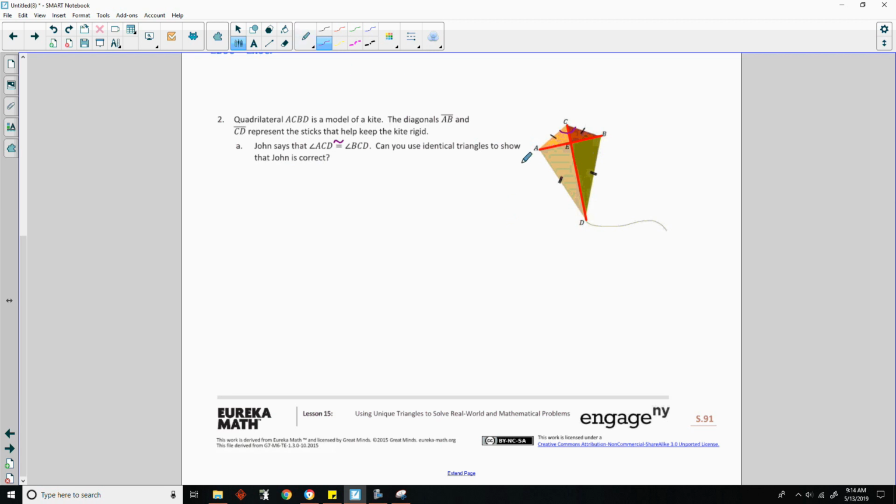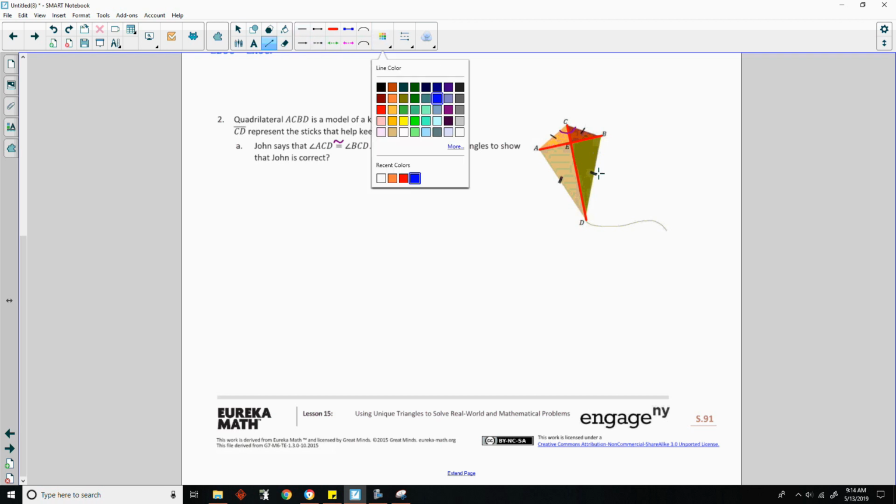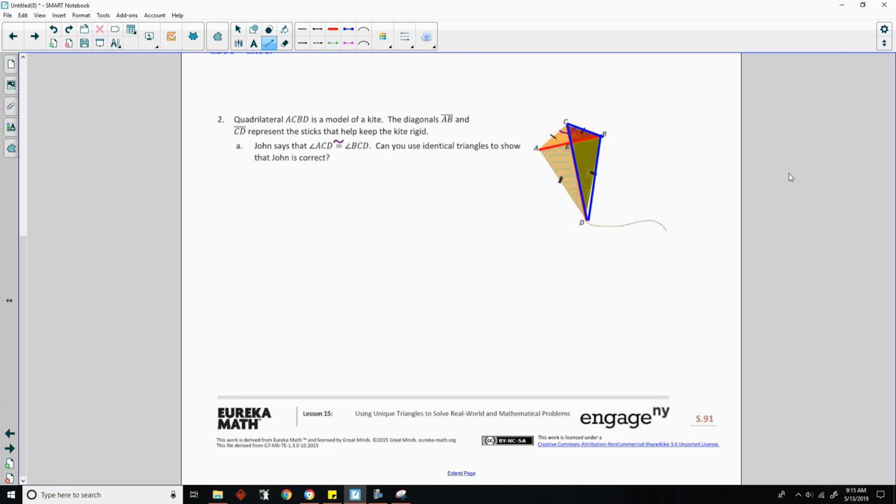Okay, well, first of all, let me finish these. Let's draw a triangle and move it off to the side so we see what's going on. Let me choose this blue here. If I drew a triangle from here to here, and then up to here, like so, there's one triangle. So I've outlined the two triangles.